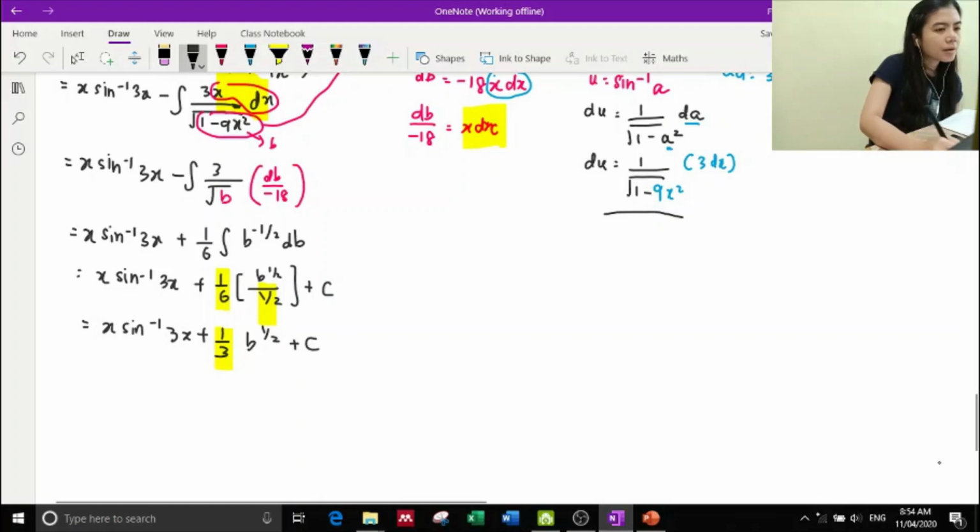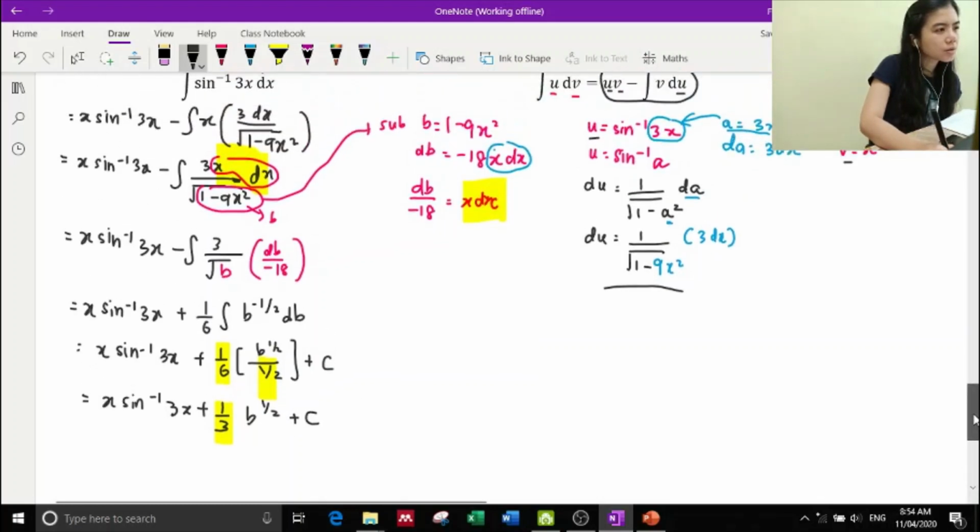But remember, our question is not in terms of b. You should not stop your answer at this part, because your question is in terms of x. All of your answers are supposed to be in terms of x. We have the b here, so we have to change this b back to x.